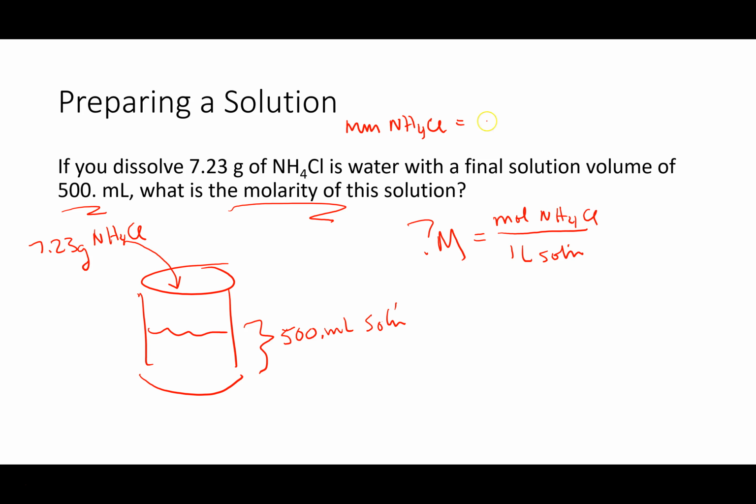So I got 14.01 plus 4 times 1.008. Some of these you probably have memorized too. Plus, is it 35.45? Okay, very good. We add all that together, just like cooking.